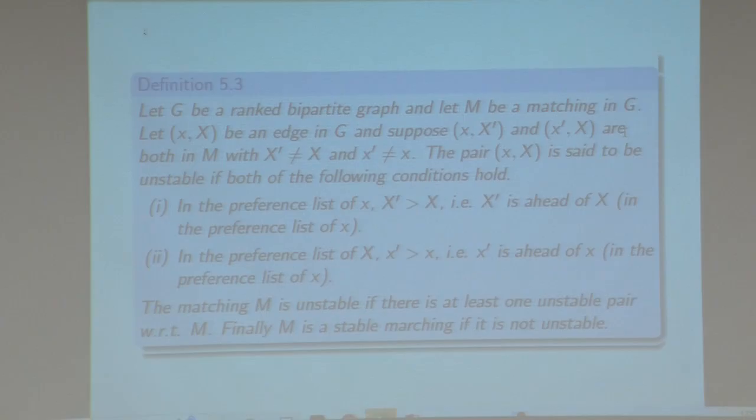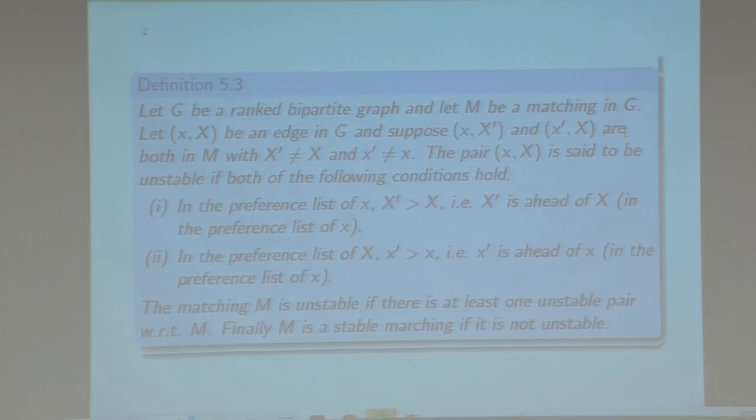What it plainly means is, if there is a boy-girl pair that is unmatched, and the boy prefers the unmatched girl to the girl with whom he is paired, and the girl also prefers the boy to whom she is not matched over the one that she is matched with, in that case, that pair is unstable.